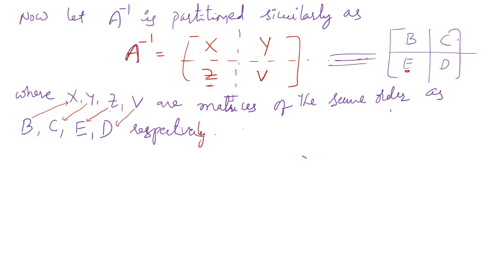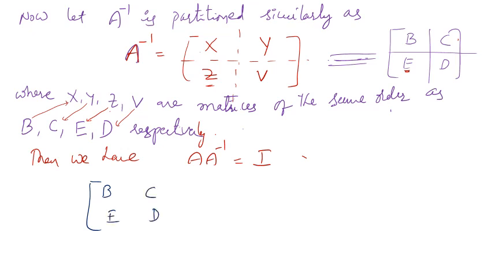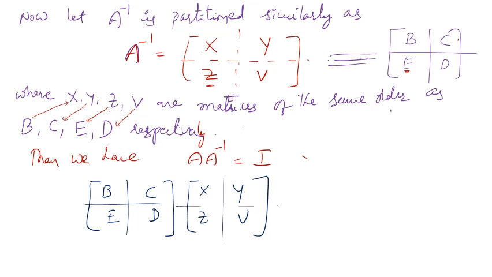Now we have A into A inverse equal to I. Let us write these two, A into A inverse. What is A? B, C, D, E multiplied by X, Y, Z, V, with dotted lines, equal to the identity matrix.